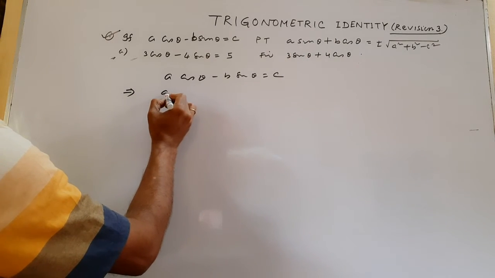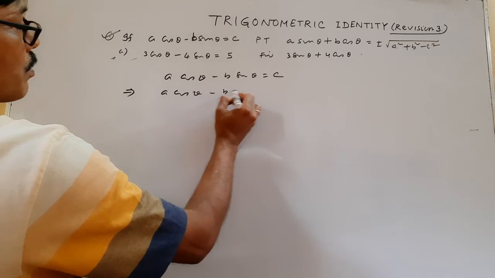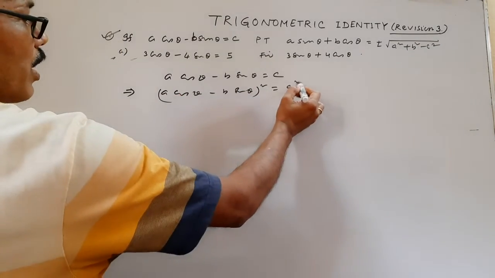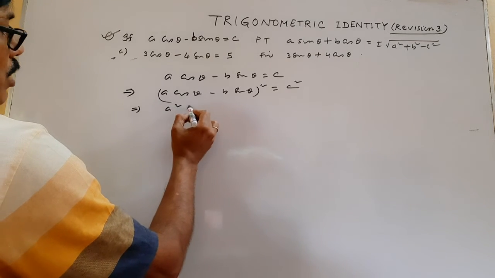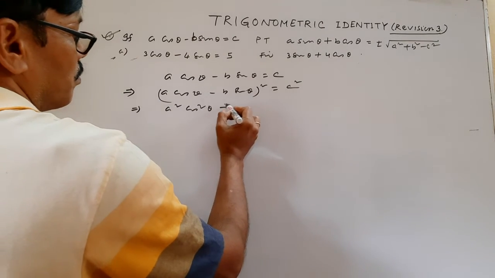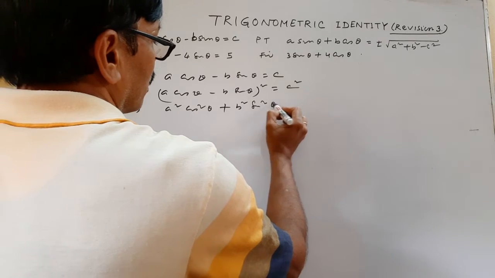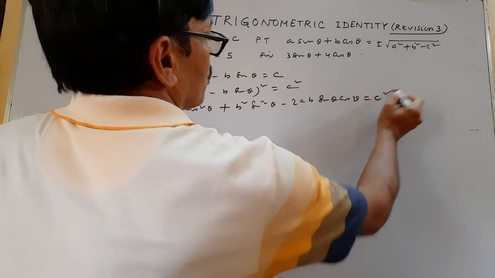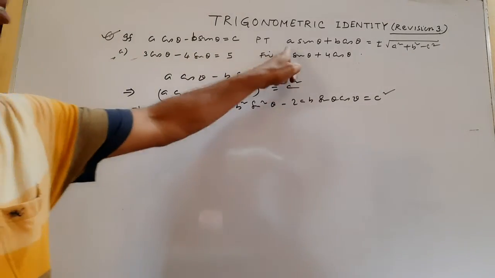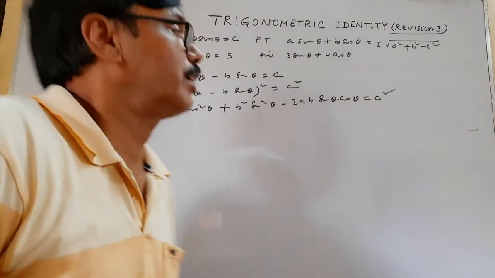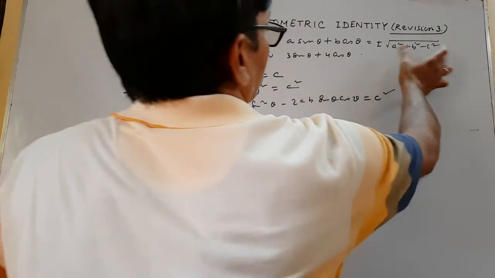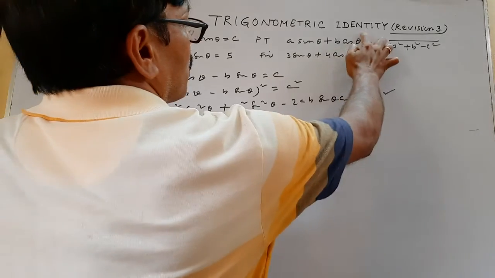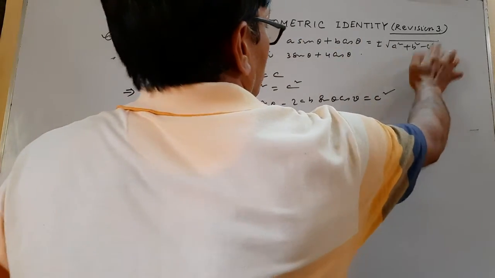So take the square. (A cos theta minus B sin theta)² equals C square. So A square cos square theta plus B square sin square theta minus 2AB sin theta cos theta equals C square. Now what you have to find? We have to prove (A sin theta plus B cos theta)² equals this one.